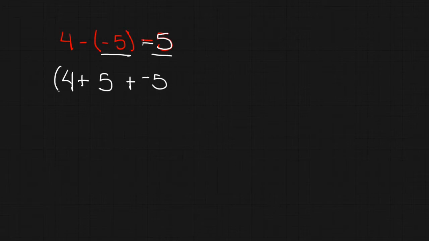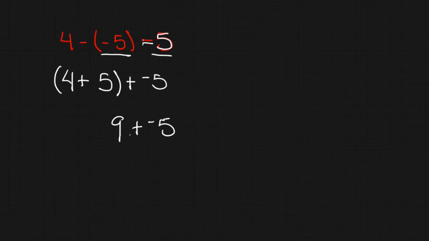I'm going to use the associative property to say these two positive numbers are going to go first. When you're adding, you can really work in any order you want, but it's better to group the positives together first. And then when you're finally down to a positive sum and a negative sum, put those together. So 4 plus 5 is 9, of course, plus negative 5.